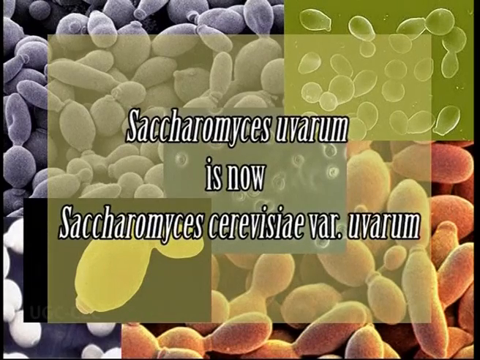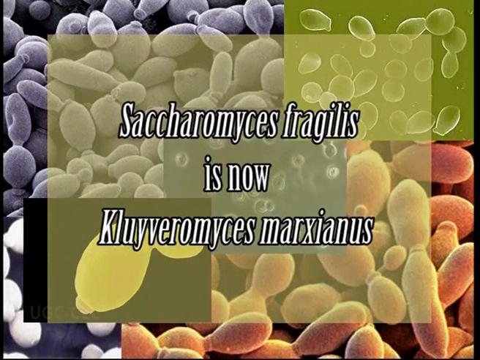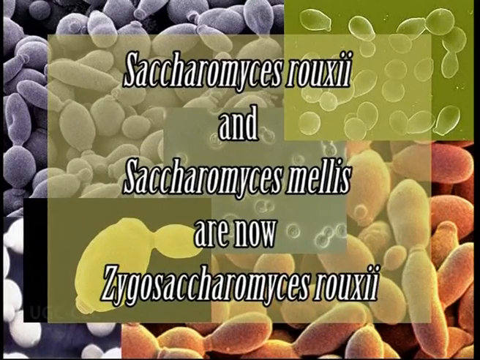For example, Saccharomyces uvarum is now Saccharomyces cerevisiae variety uvarum, and Saccharomyces ellipsoideus is now Saccharomyces cerevisiae variety ellipsoideus. Similarly, Saccharomyces fragilis is now Kluyveromyces marxianus, while Saccharomyces rouxii and Saccharomyces mellis are now Zygosaccharomyces rouxii. In a nutshell, some species have been ranked to separate genera and some different species have been clubbed into a single species.